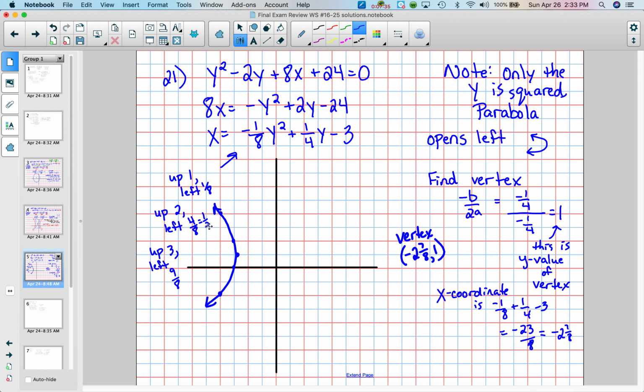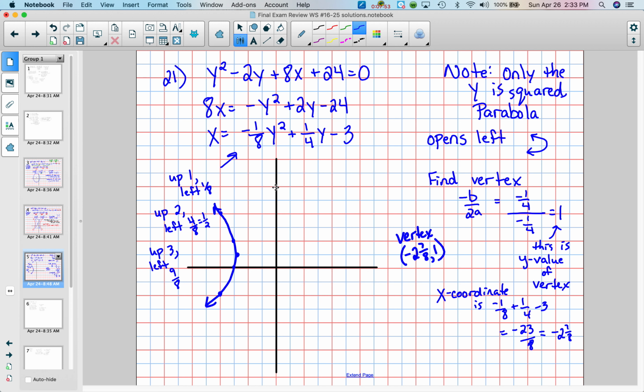So 4 times an eighth would be a half. I didn't plot that one, but if you go up 3, square that, you get 9. So it'd be to the left 9/8. That one was kind of nice because if you go up 3 and to the left 9/8, you'll be right on a grid point. And then I just sketched it in.